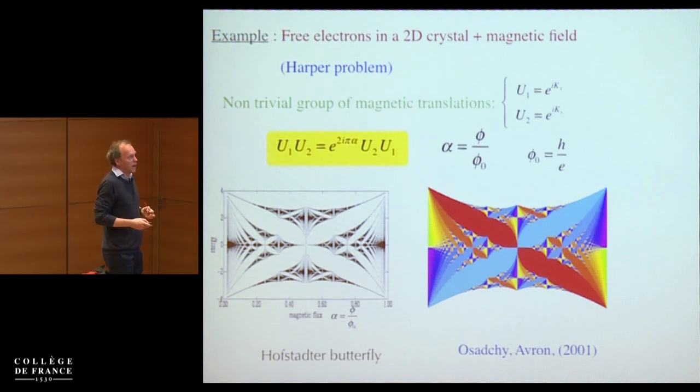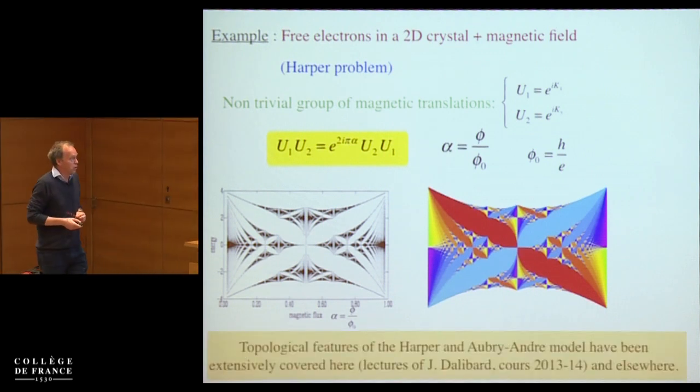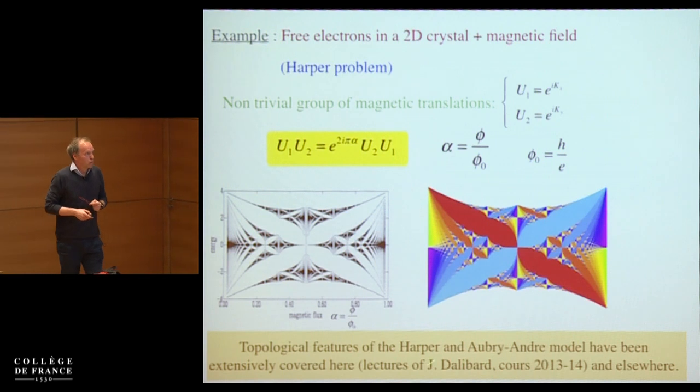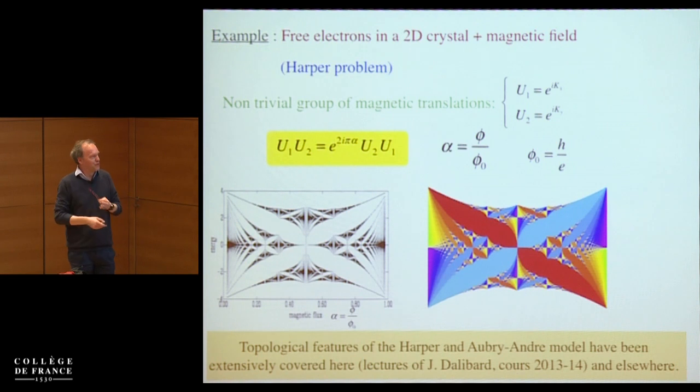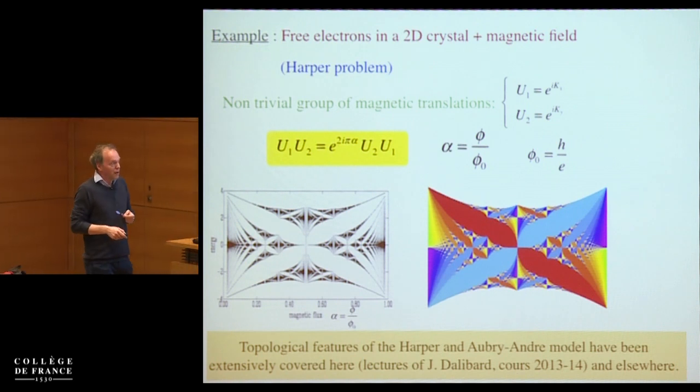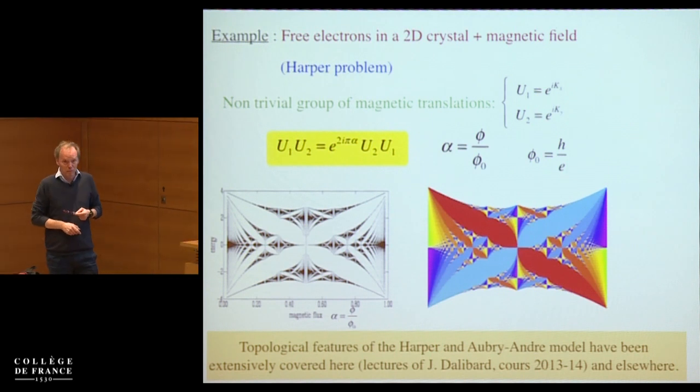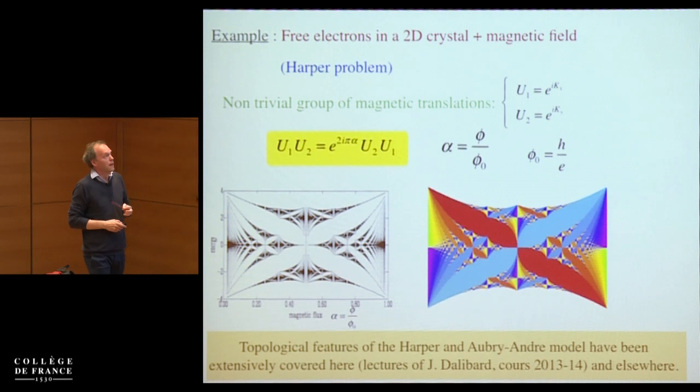Okay, so I will not say much more on this because topological features of Harper and the related Aubry-André model have been extensively covered here, in Paris at large, for instance in the lectures of Jean last year and in many other places. So just to give you a taste of the background.